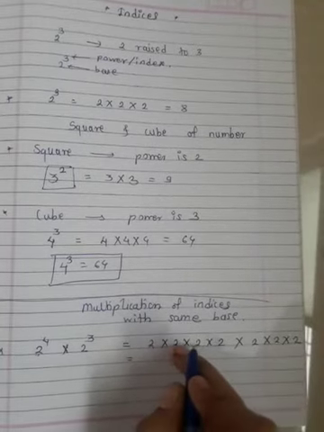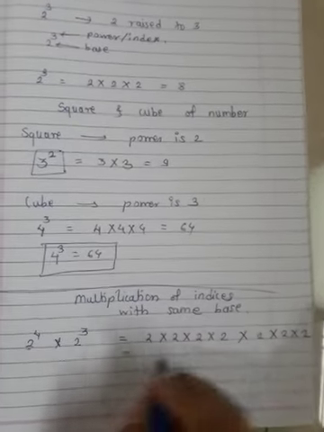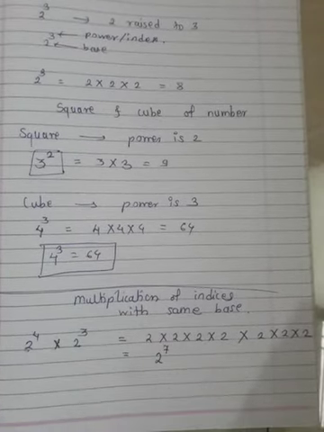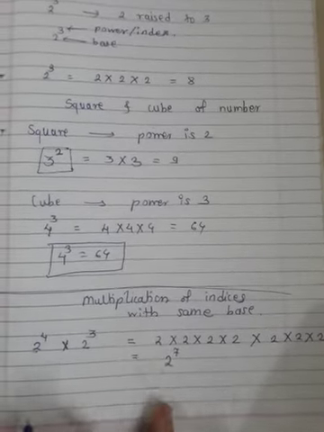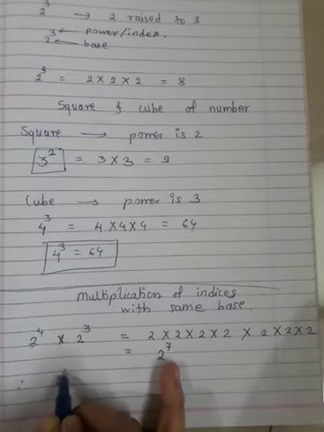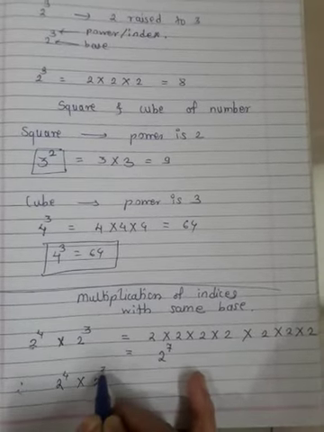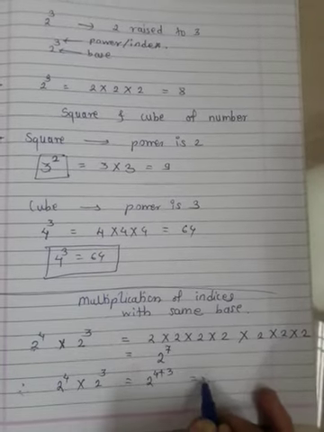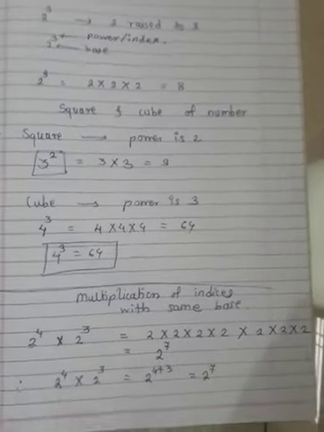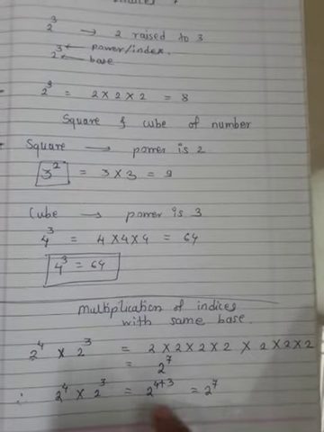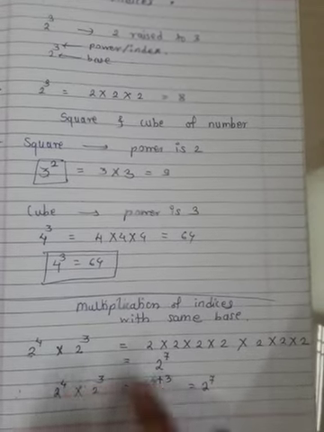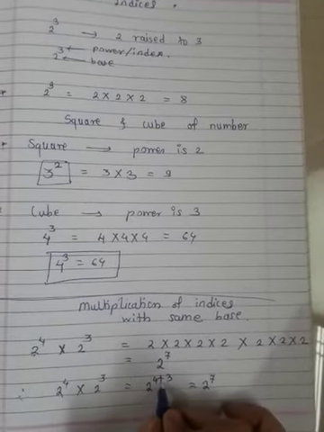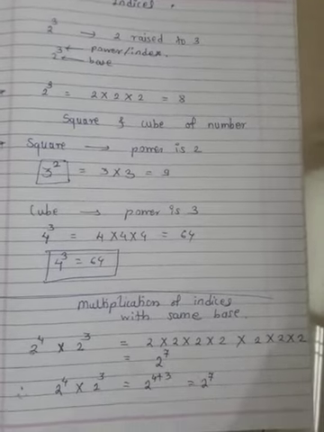So 2 is multiplied by itself 7 times, so we can write 2 raised to 7. So 2 raised to 4 into 2 raised to 3 is 2 raised to 4 plus 3, that is 2 raised to 7.